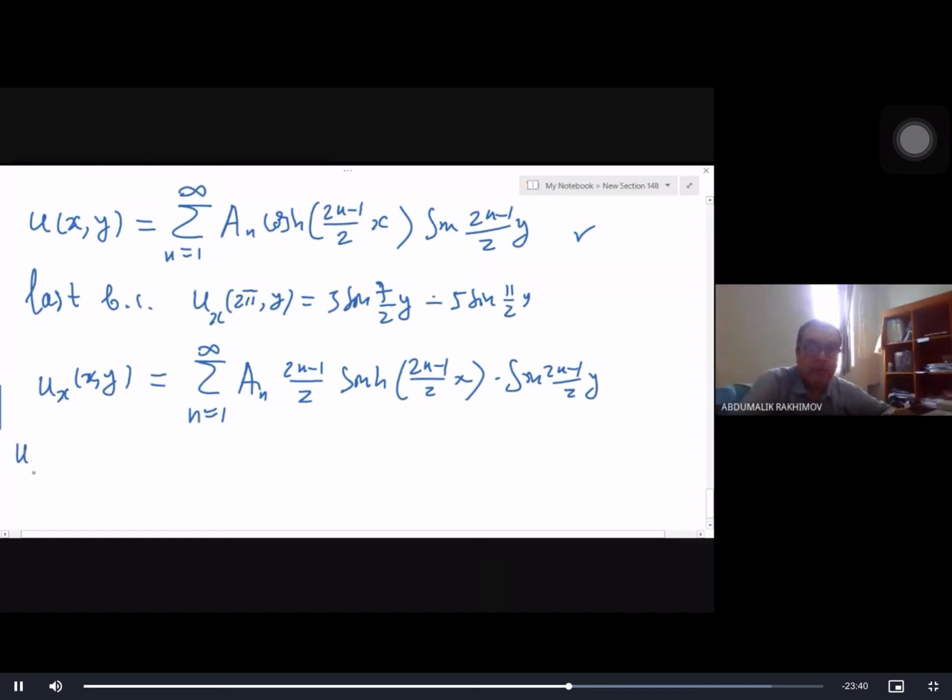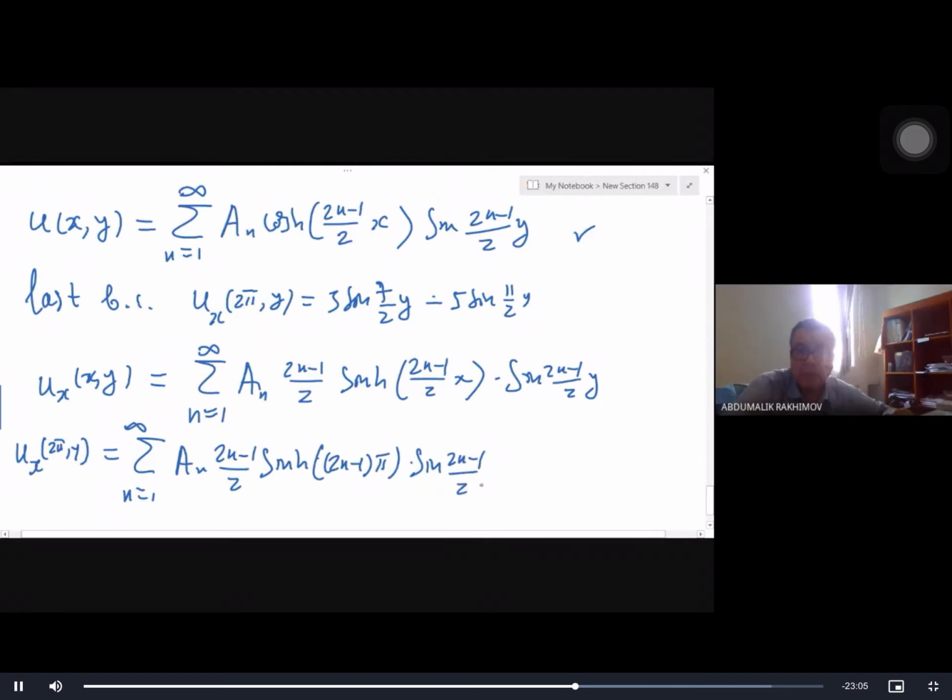What is u_x(2 pi, y)? It equals the sum n from 1 to infinity of a_n (2n minus 1) over 2 sine hyperbolic ((2n minus 1) pi), since when x equals 2 pi, this will cancel with this, times sine ((2n minus 1) over 2 y).